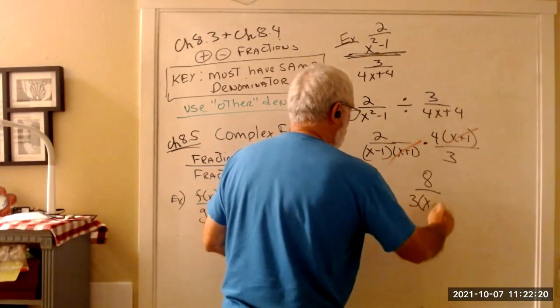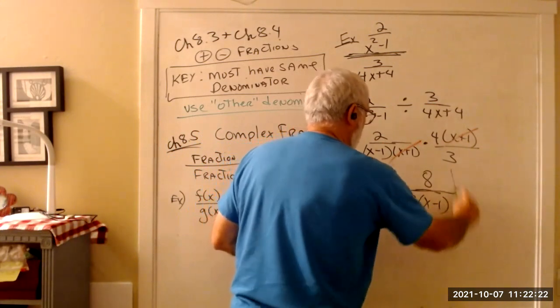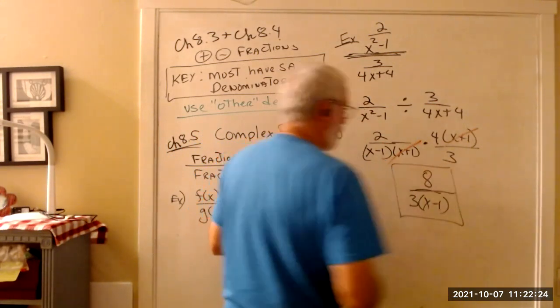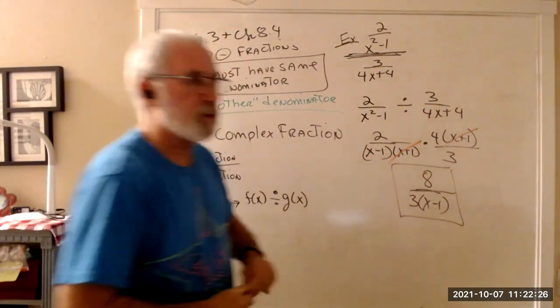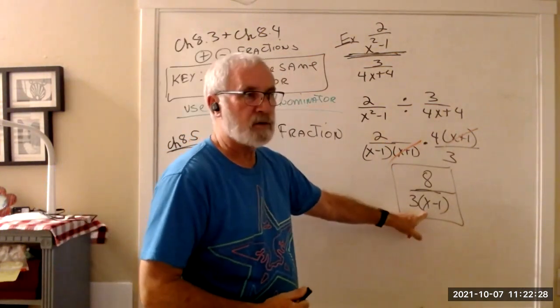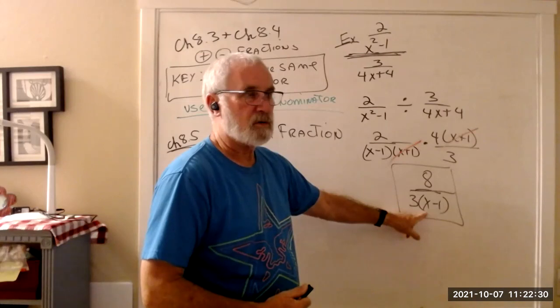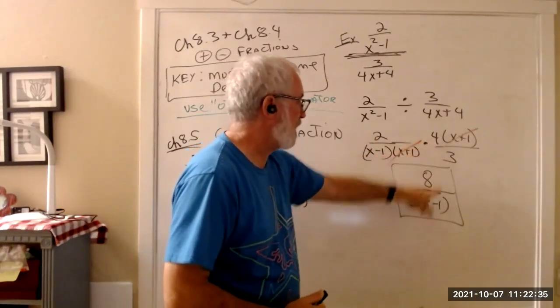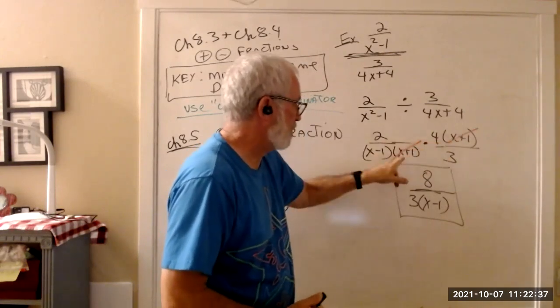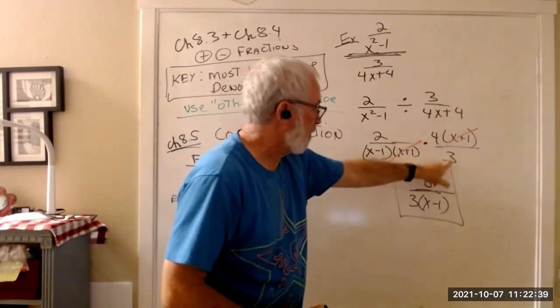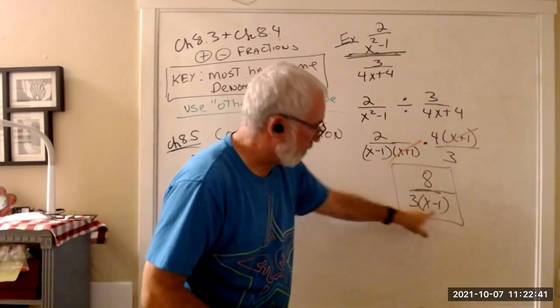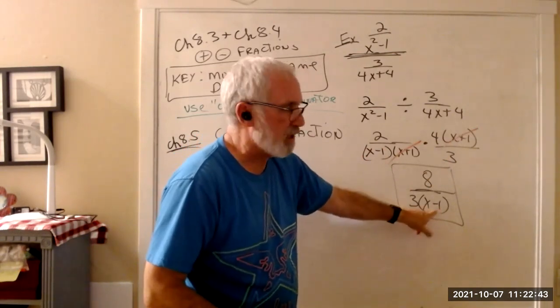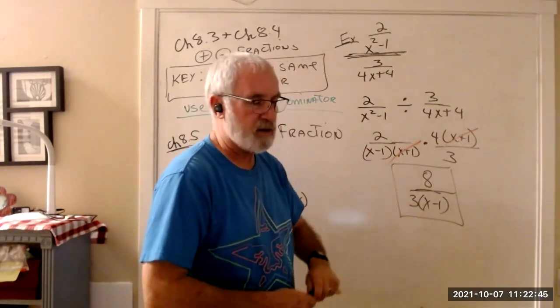Now, if you want to multiply those together, you can, but I'm giving you the option of not multiplying the denominator. But you have to multiply the numerator. 2 times 4 was 8 because we canceled out the x plus 1s. On bottom, we have a 3 times x minus 1. If you want to distribute that together, you can. If you want to leave it factored, you can. And that's it.